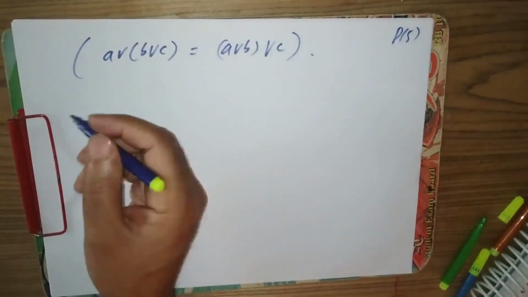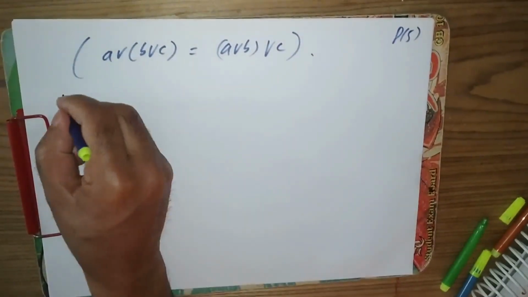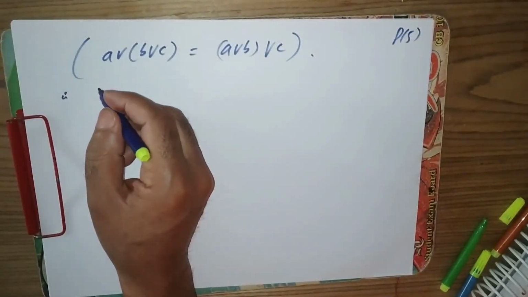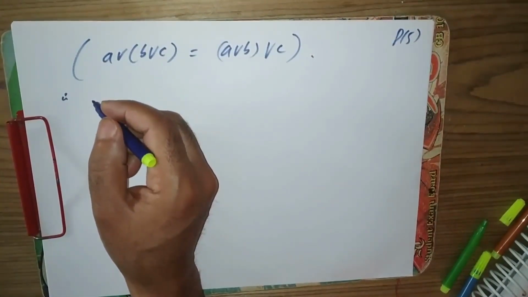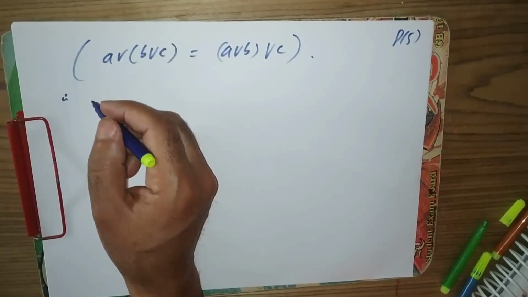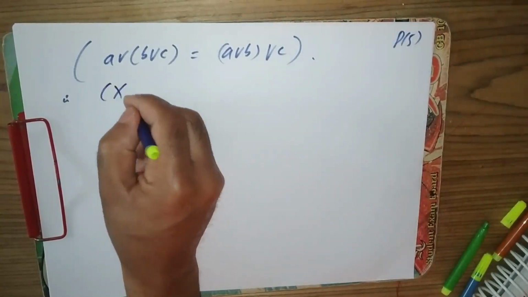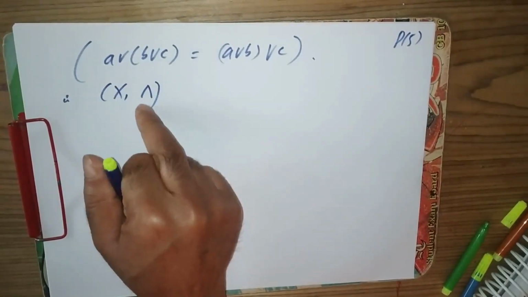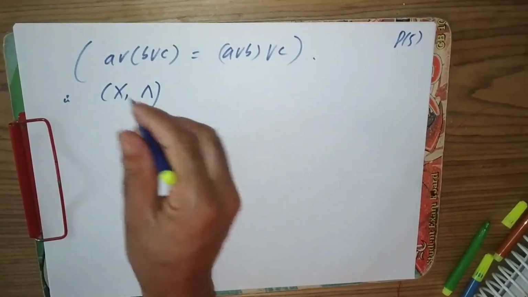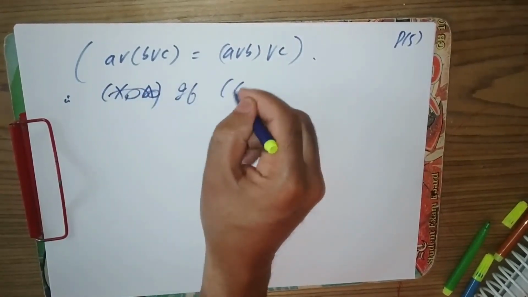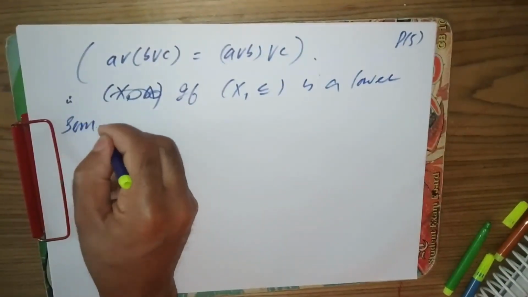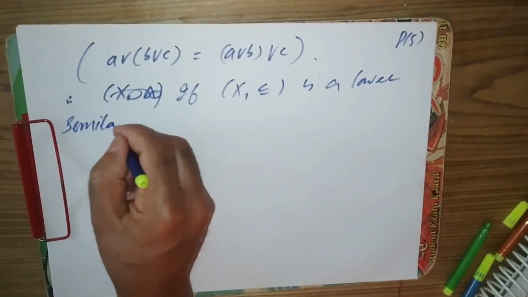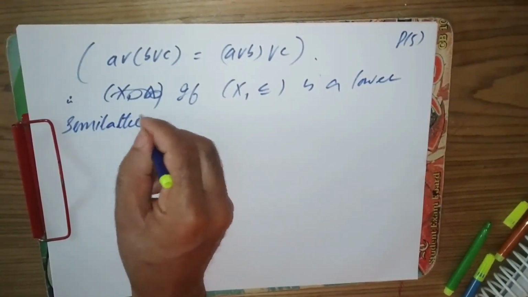So now we have the following theorem. Therefore, this X together with this operation, if X is a lower semilattice, so I will define only the lower semilattice, the second follows on similar lines.